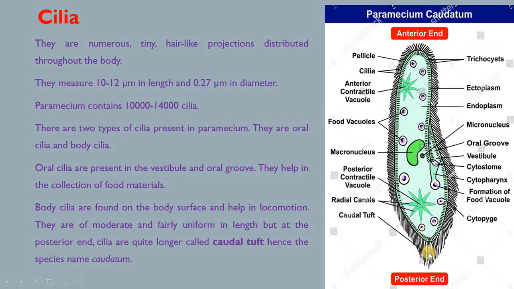And at the posterior end you can see cilia are quite longer than the cilia of the other body parts, and they form a caudal tuft, and hence the species is termed caudatum.